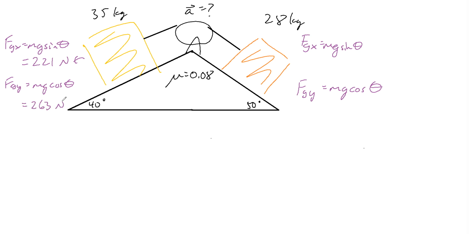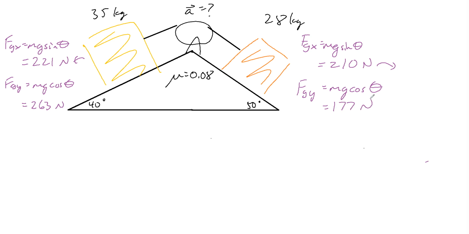Okay, now we'll do the exact same thing for the other side. And when I punch those out, my mg sine theta, I've got around 210 newtons. Tries to go this way. And my FGY, if I punch that out, looking like around 177 newtons over there.